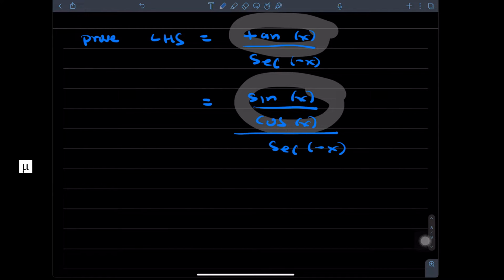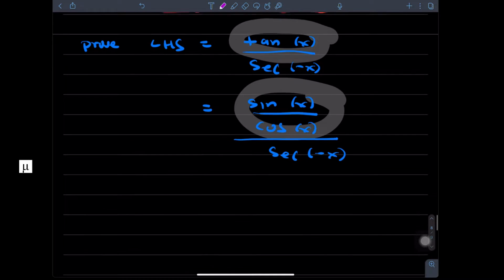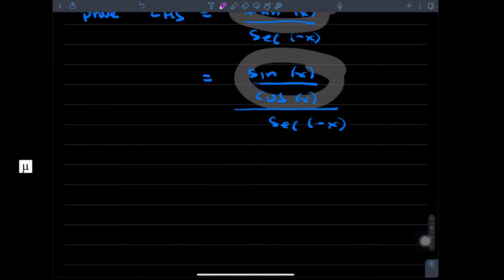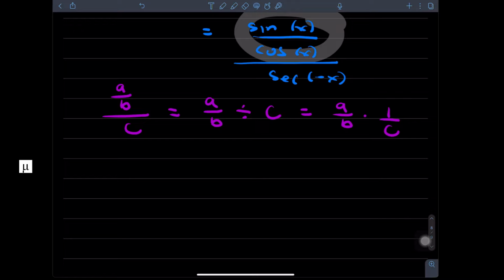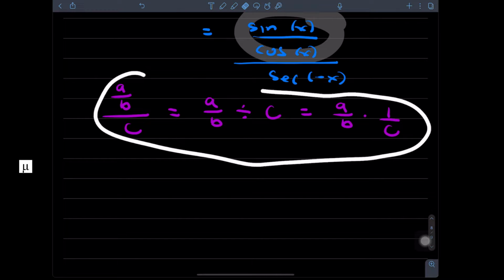Okay, now, again, you say, is there any algebra I can use? Yes. A over B divided by C. Okay? A over B divided by C, isn't that A over B times the reciprocal of C? You guys see what I'm saying here?